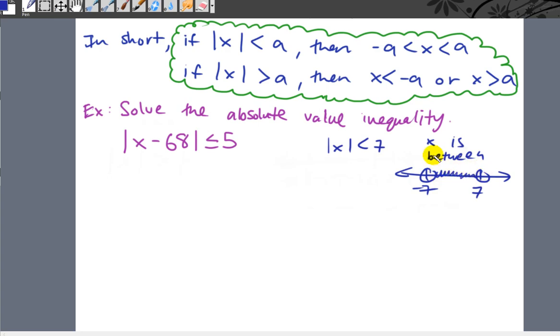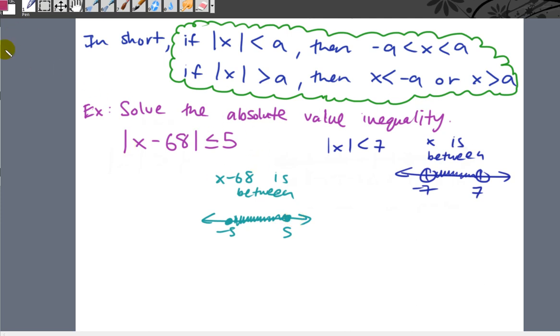So for this particular example, x minus 68 is between, with a solid dot and a solid dot, negative 5 and 5.